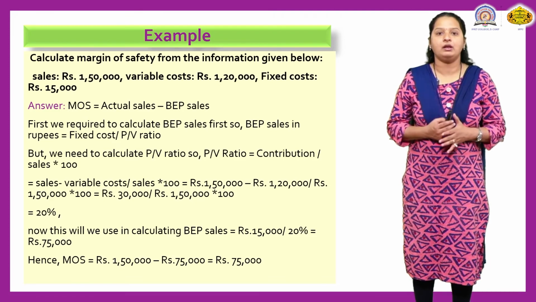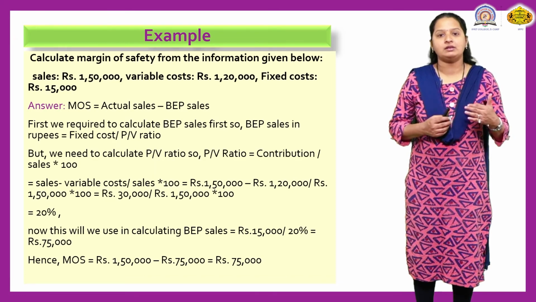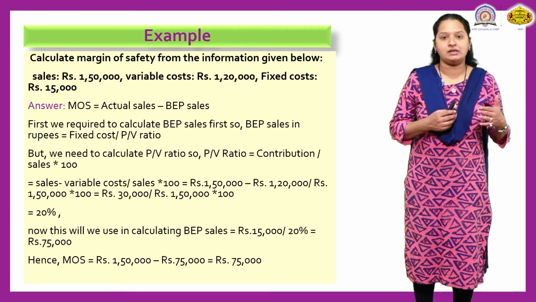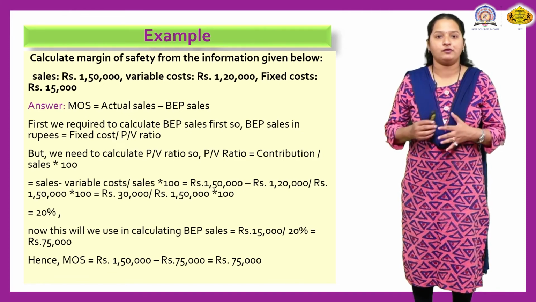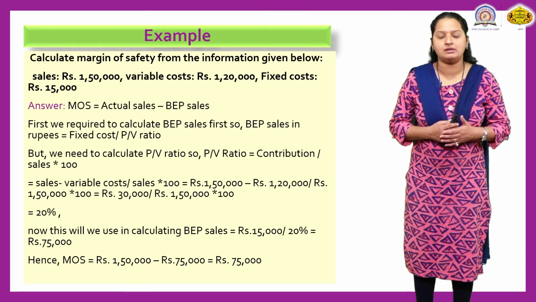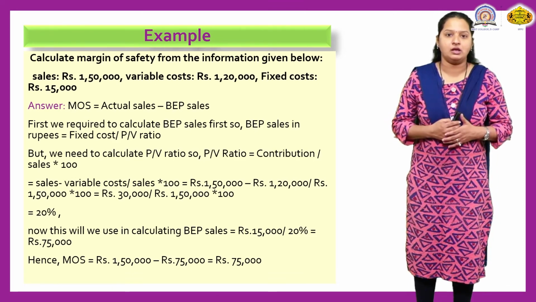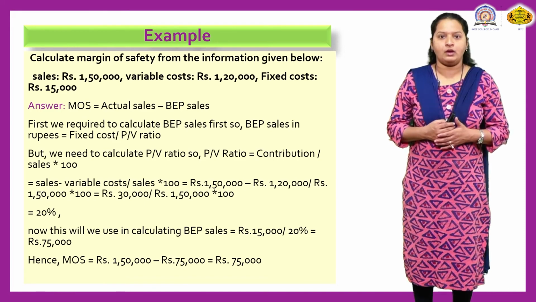So from this example, you can see that when your actual sales are more than your BEP sales, it denotes profits for the organization. If your total sales are less than your BEP sales, it means you are suffering losses.